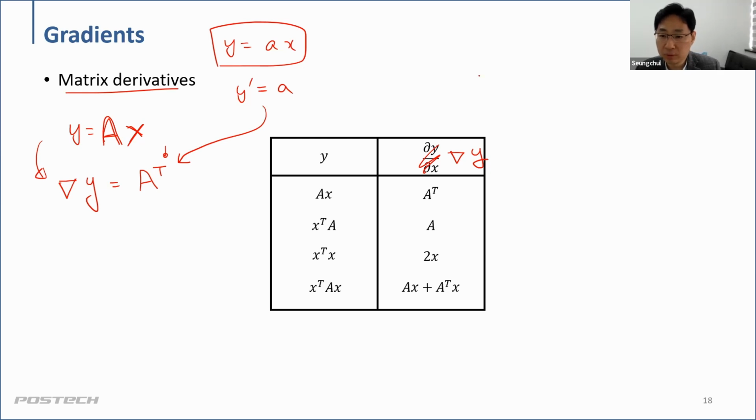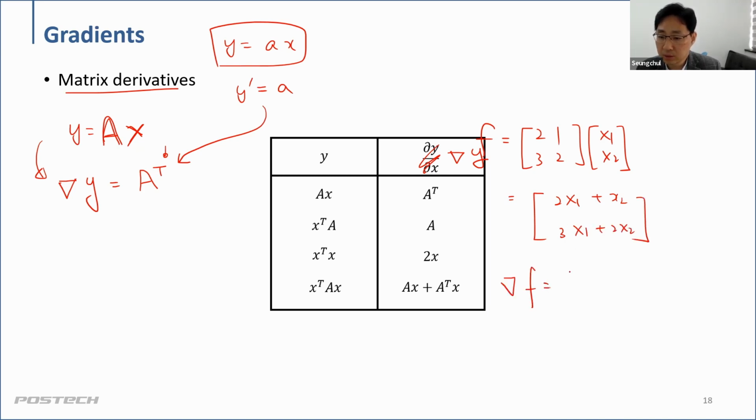Let's think about this one as an example. We know f is 2x1 plus x2, 3x1 plus 2x2, and the gradient is that. No, this is not the case. Let me see.